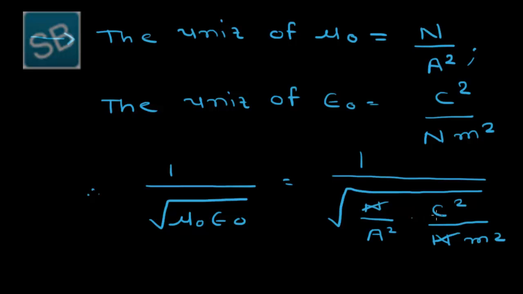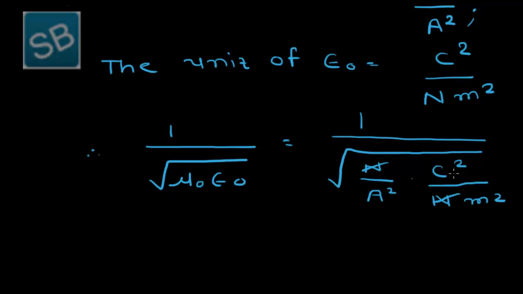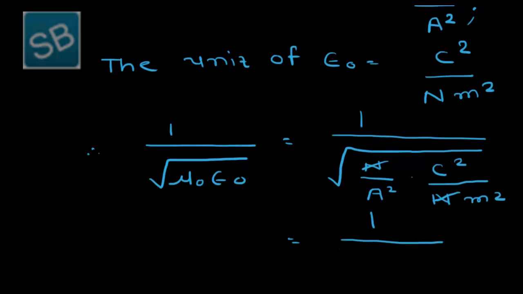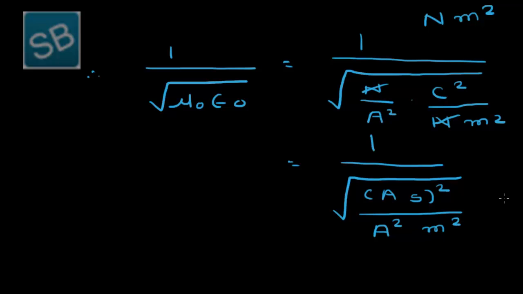Now, what is the value of Coulomb square? Can I write it as charge? So charge is current into time. That is equal to 1 over under root of Coulomb square, which is basically ampere into second whole square divided by ampere square meter square.